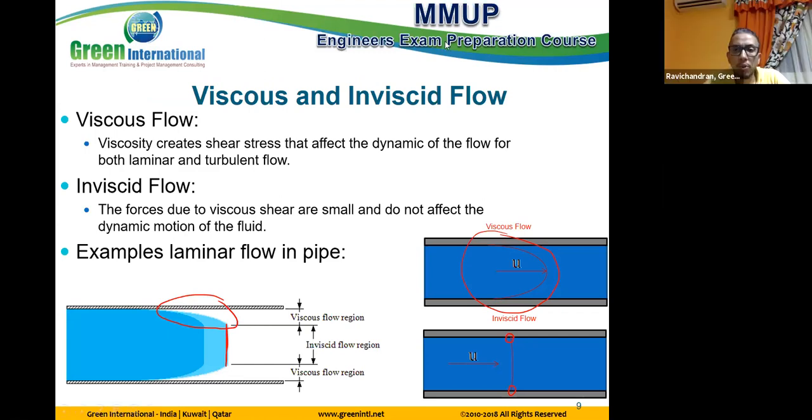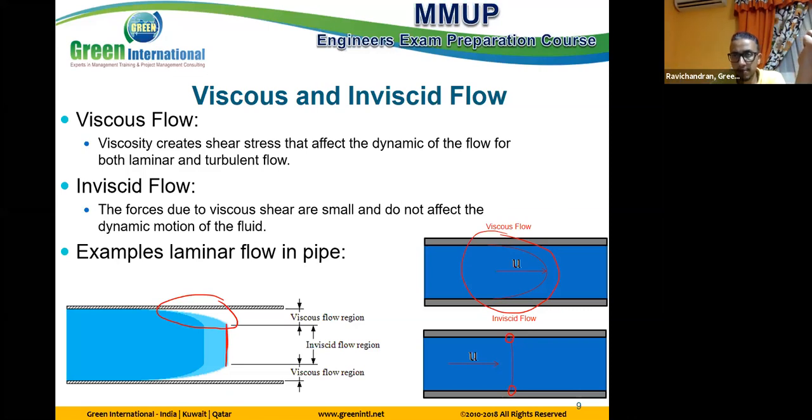Inviscid flow: the effect of viscosity, which creates shear, is very small in the flow. Any fluid has viscosity, it is a property of every fluid, but here it is small, not big. So the effect of viscosity during the dynamic motion of the flow is small, and the flow goes as a flat profile, with no velocity gradient coming from shear stress.